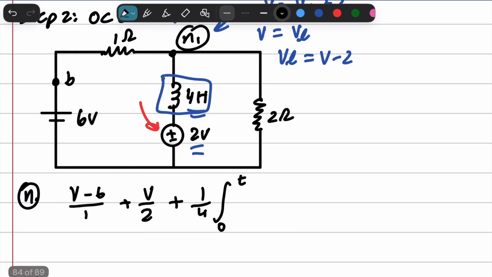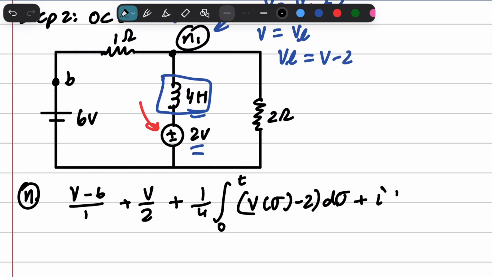And so we are going to get right here V sigma minus 2, plus I sigma is equal to 0.